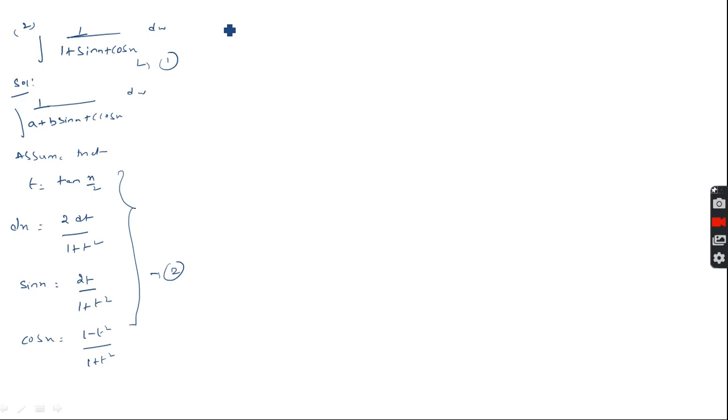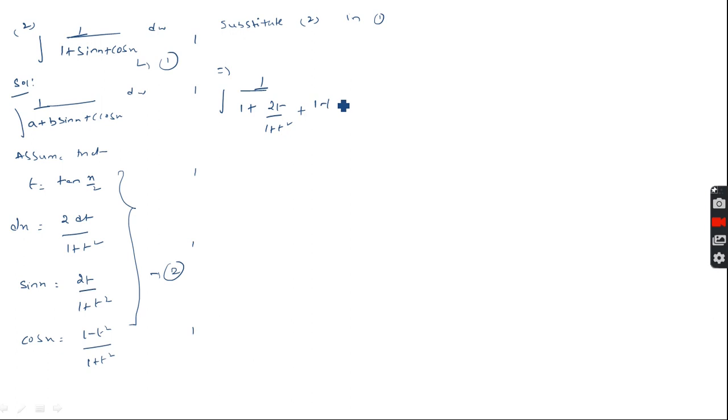Substitute 2 in 1. So that is nothing but the integral of 1 by 1 plus sin x. What is sin x? Sin x is nothing but 2t by 1 plus t square. And next cos x.